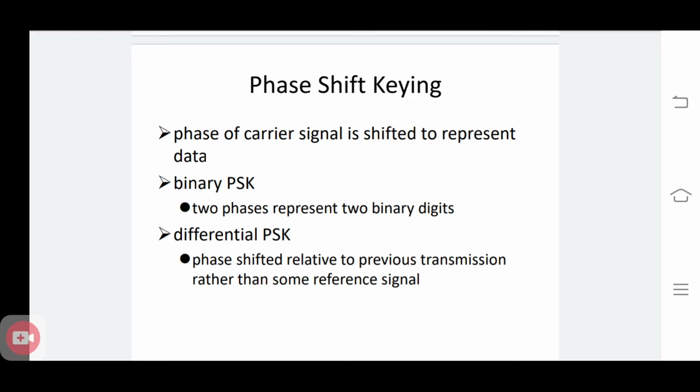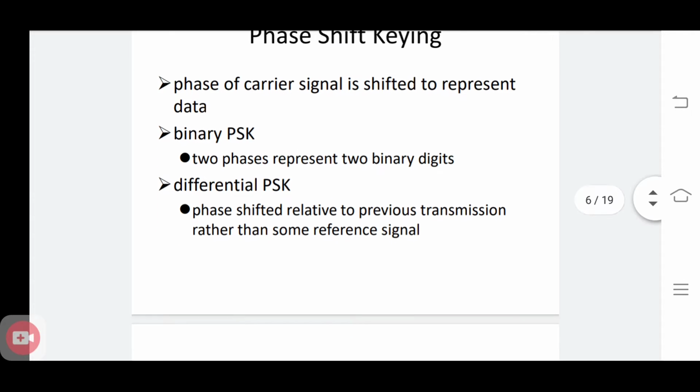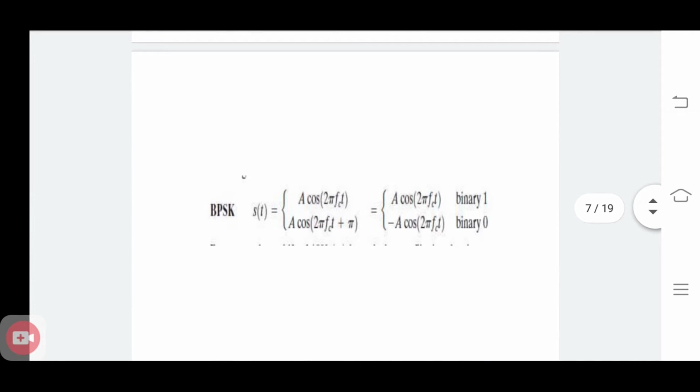So it depends upon the previous history, rather than some reference signal. For representing binary 1, you can see in the figure A cos 2 pi fct, and for binary 0, A cos 2 pi fct plus pi. Otherwise it is written as minus A cos 2 pi fct.